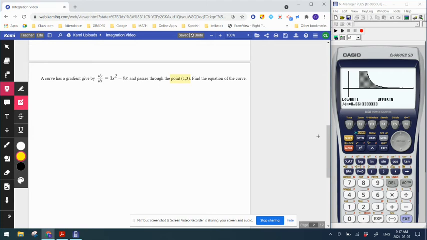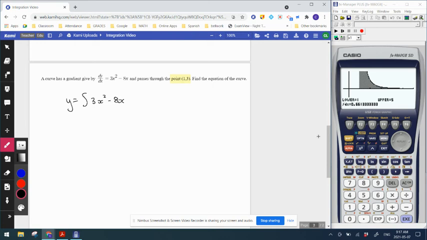Again, it's giving us the gradient, so it means it's already giving us the derivative. So in order to find the equation, we need to take the antiderivative. So in order to find y, I need to take the antiderivative of 3x squared minus 8x dx.